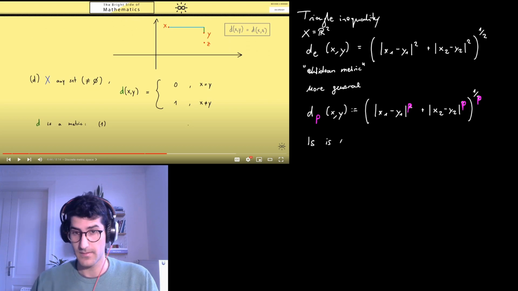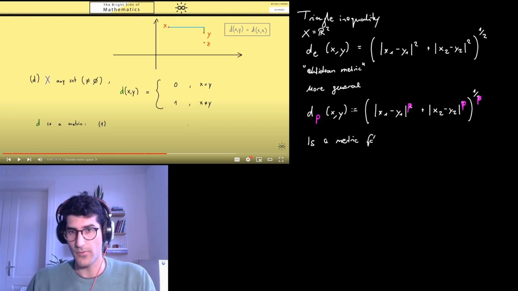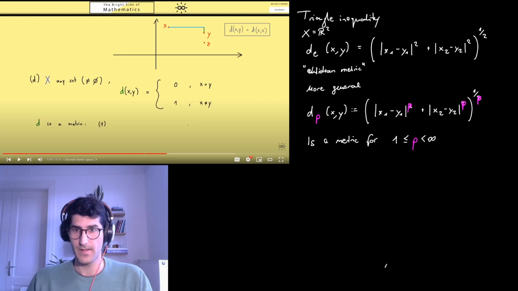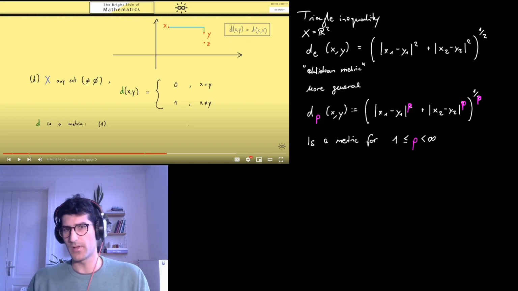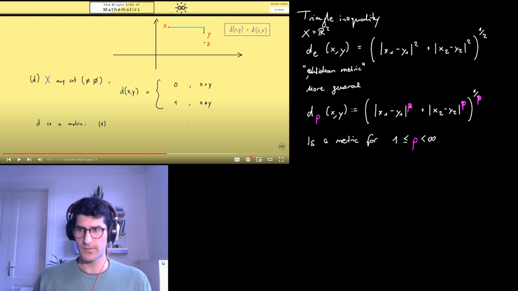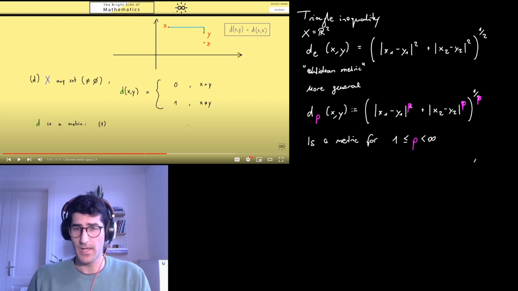for values of p that are smaller than infinity and greater or equal than 1. So with similar techniques as you use for the Euclidean metric, so you also need a Minkowski inequality and so on, you can show that this defines a metric on R2.